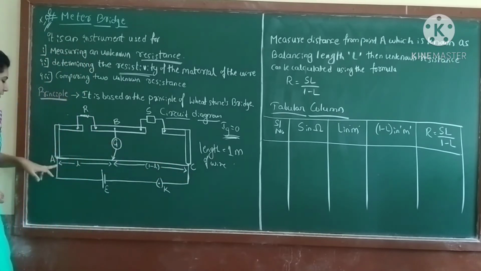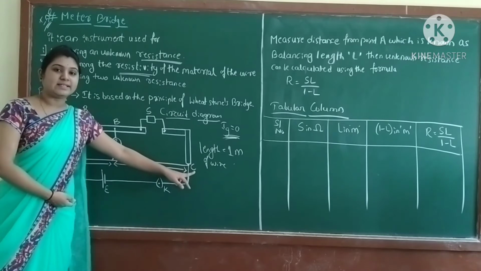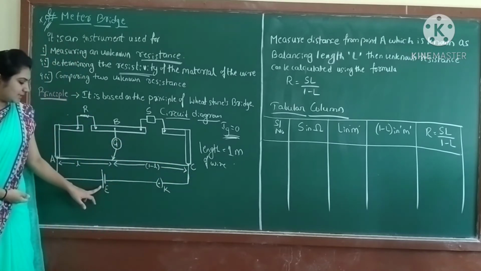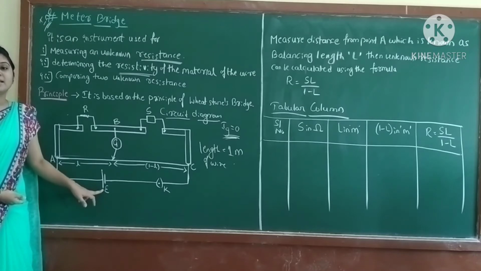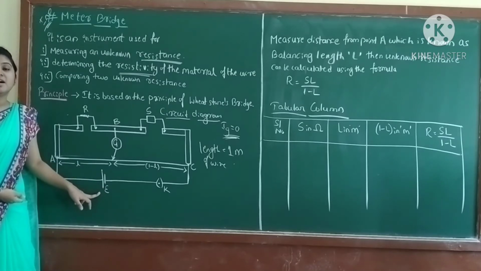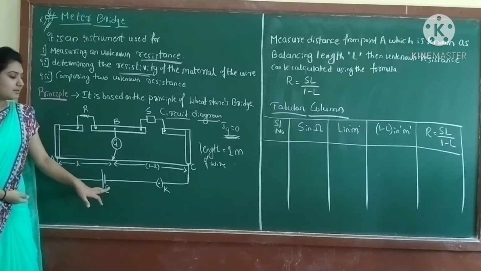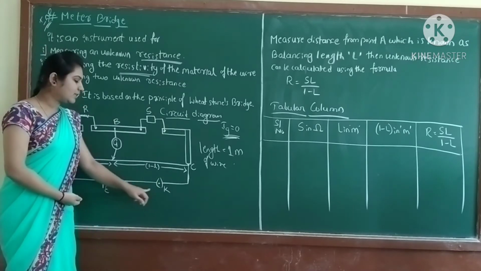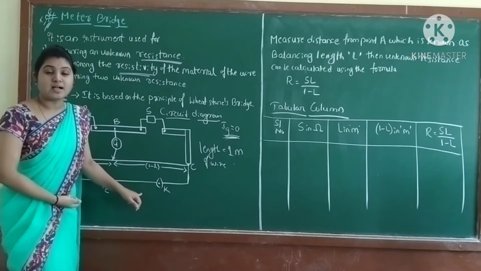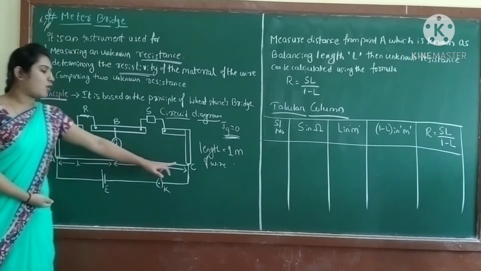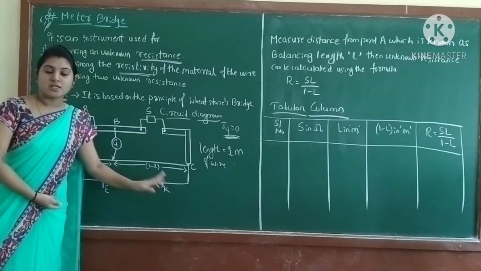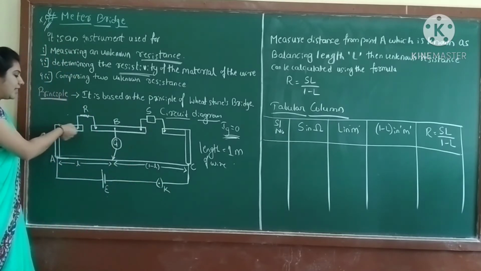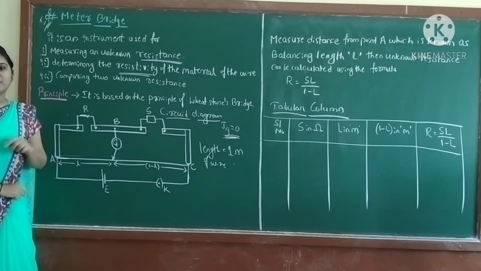Understood? So now between points A and C we are connecting one battery here, which has EMF E. Then we are using one more key. So the battery and the key are connected between point A and point C. Now this wire is again connected to L-shaped strips.